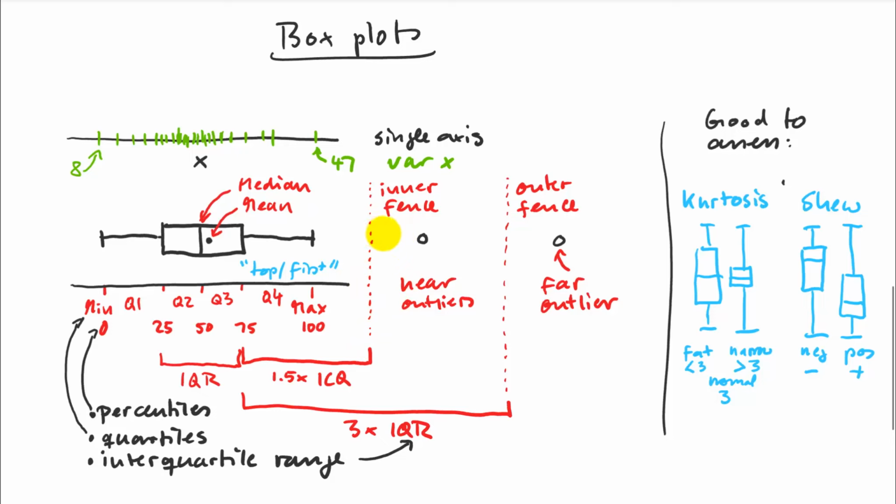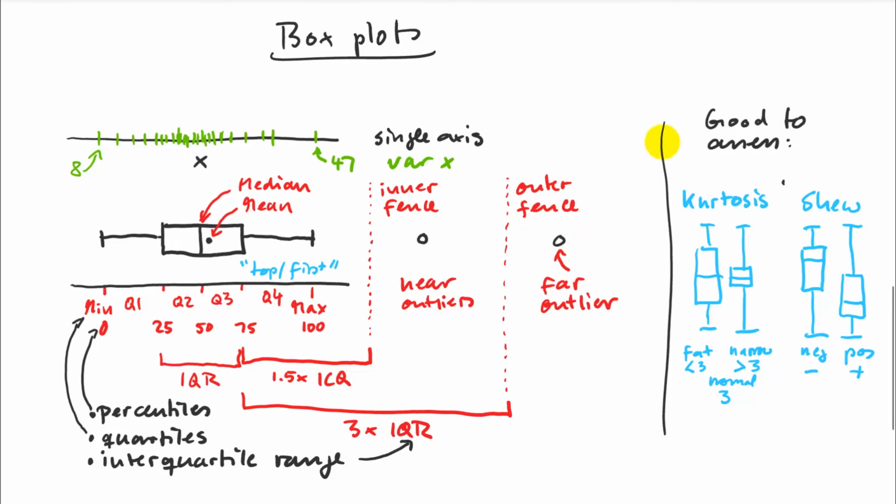Everything between the inner fence and the outer fence would be considered a near outlier. Then 3 times the interquartile range determines the outer fence, and anything out there is called a far outlier. So box plots can help you determine what's an outlier or not, but keep in mind that this is just an arbitrary threshold that can guide you. It's been made with good judgment, but there's nothing magical about these numbers.